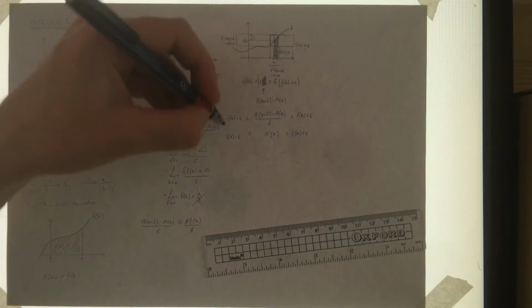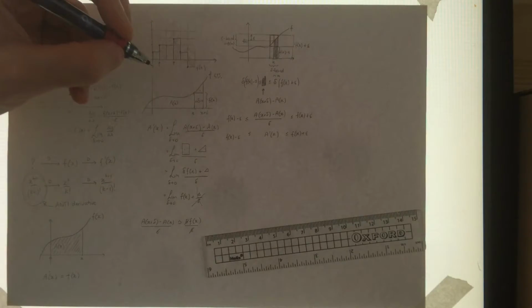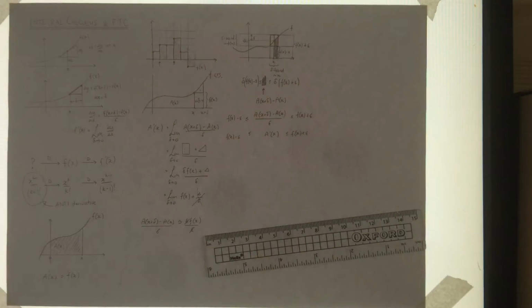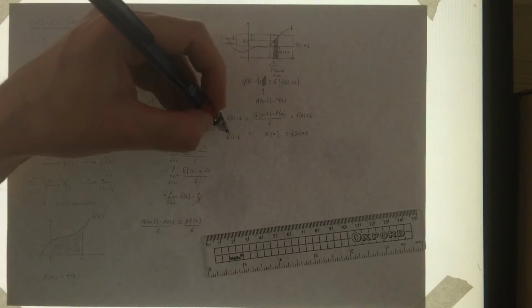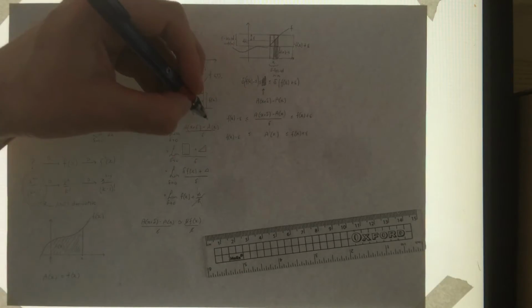To get from this step to this step, we're just taking the limit as delta approaches 0. So the distance between f of x and a dash of x is less than epsilon.